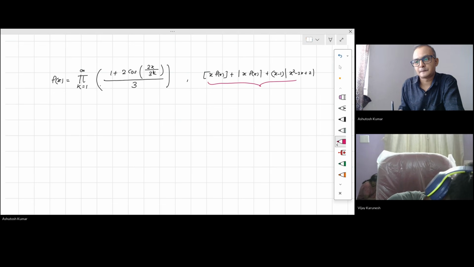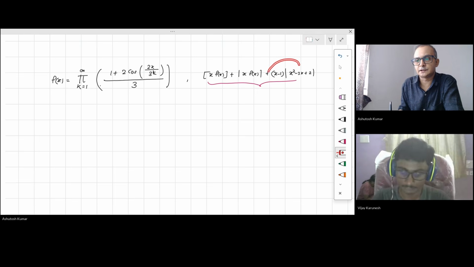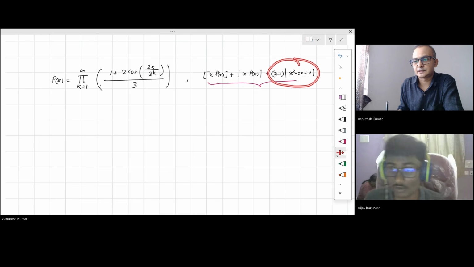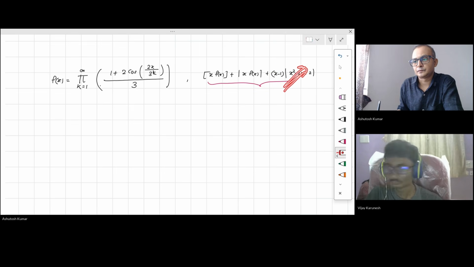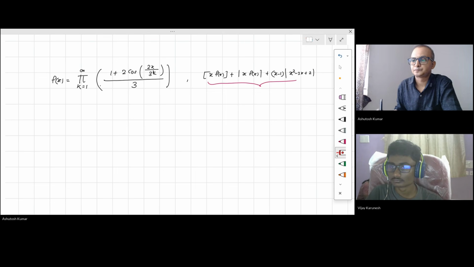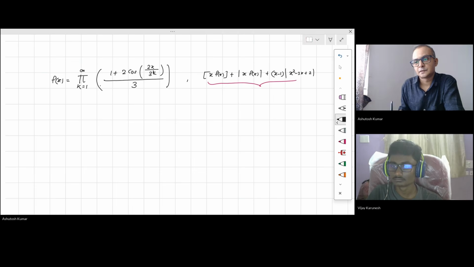This part has nothing to do with the function itself, because it's only contributing some other points of non-differentiability. If you check the discriminant greater than 0, the roots of this will only increase the number of non-differentiability points by 2. So our main goal is to find out the function. How do we find the function? Let's see.